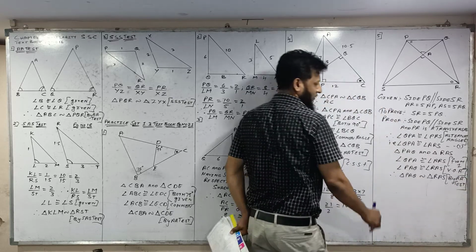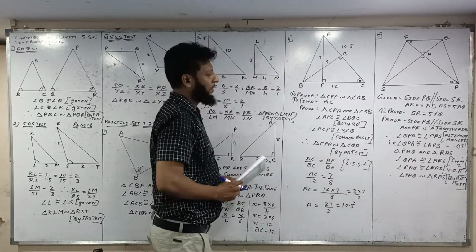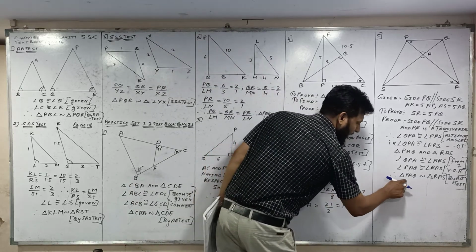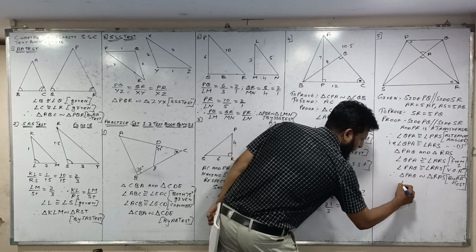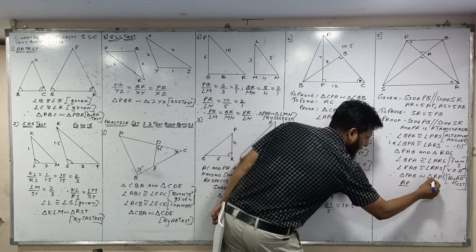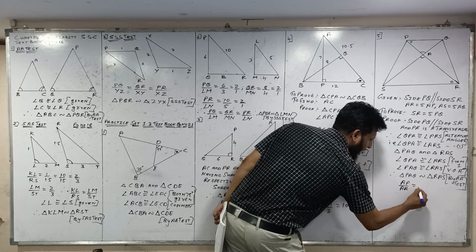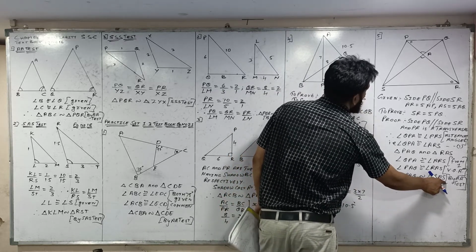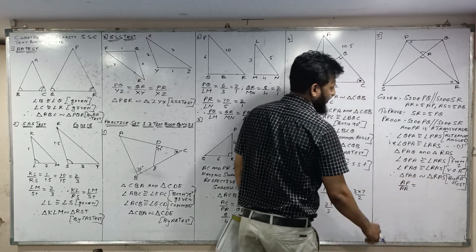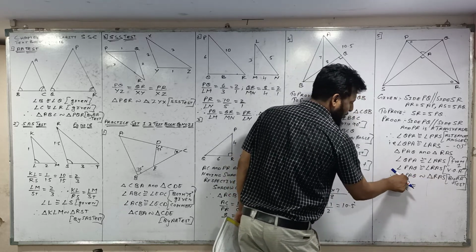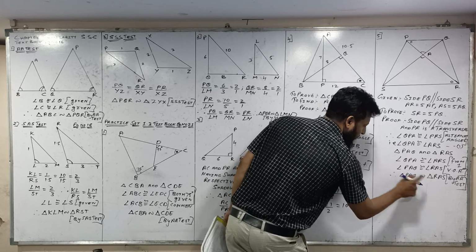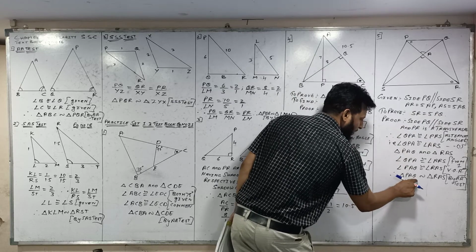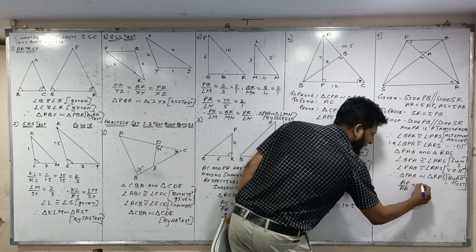By which test? AA test. Now when the triangles are similar, then the corresponding sides are proportional. So AP is proportional to AR, QA proportional to SA, and QP proportional to SR. We have to find PQ and SR, so we will not take QA, we will take QP.